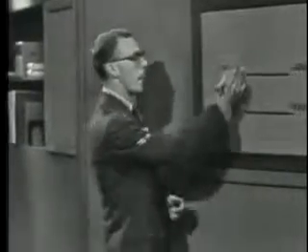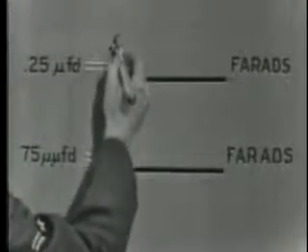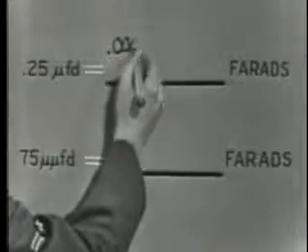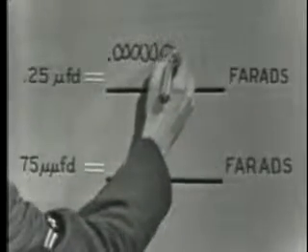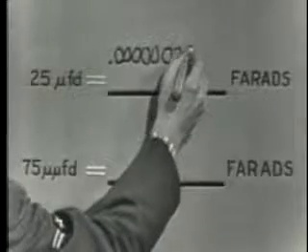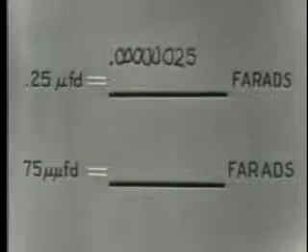Well, you should know that micro means 1 millionth. And it also means that the decimal point must be moved to the left from its original placement. Therefore, I can write this value in this manner. This is the way to express the value, 0.25 microfarads in farads.